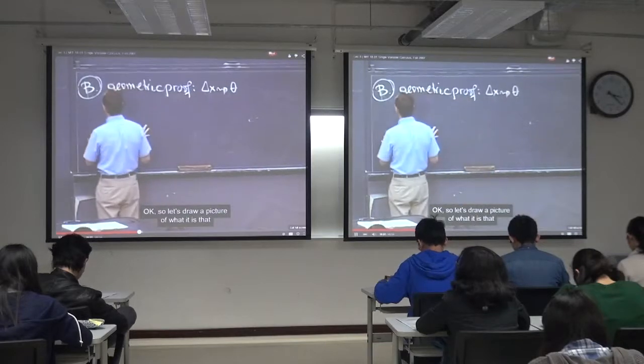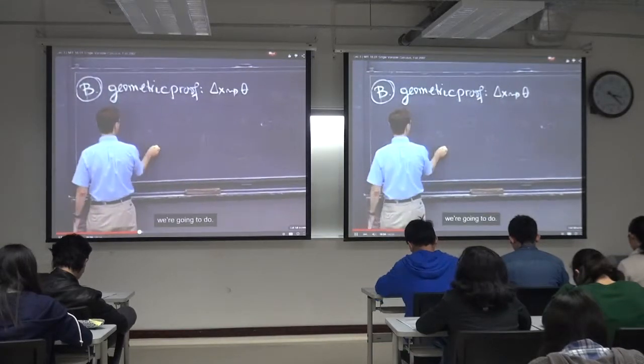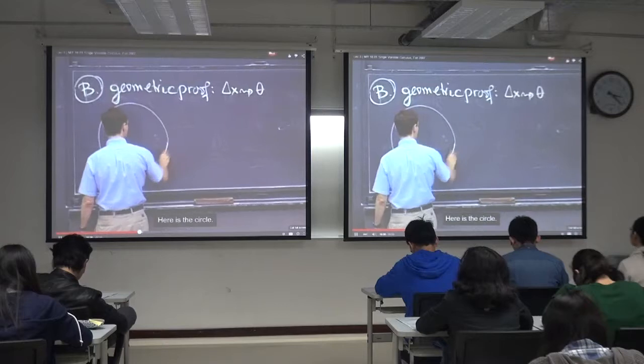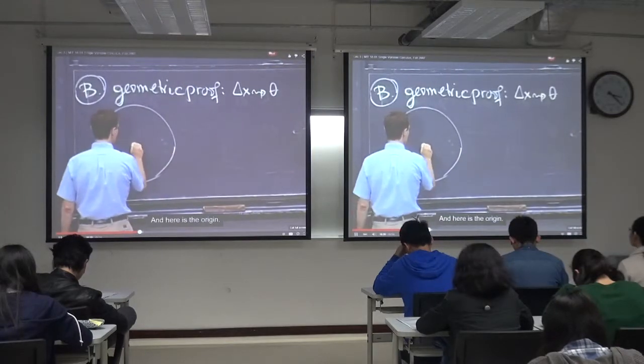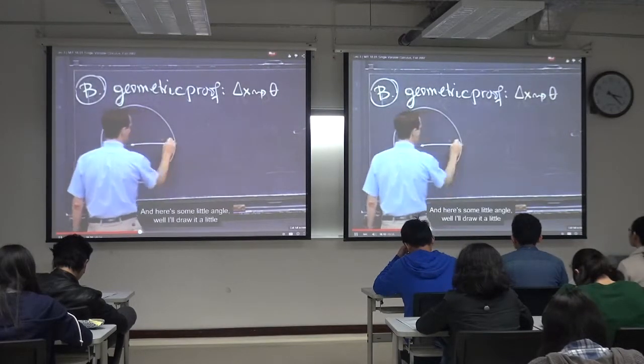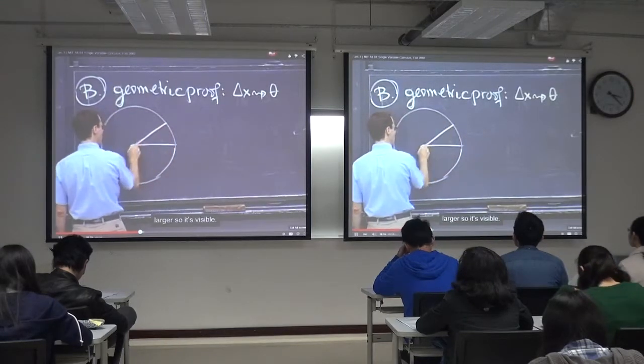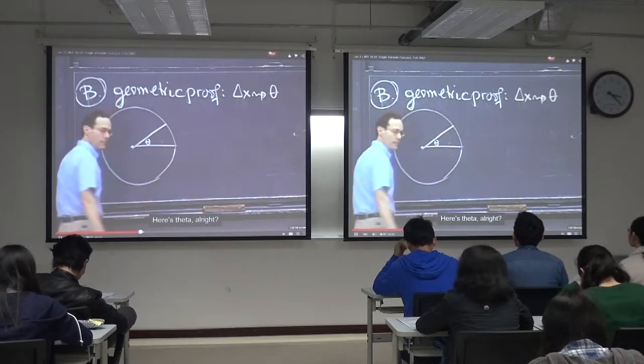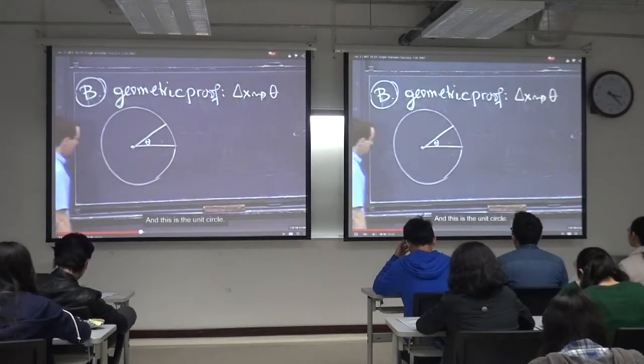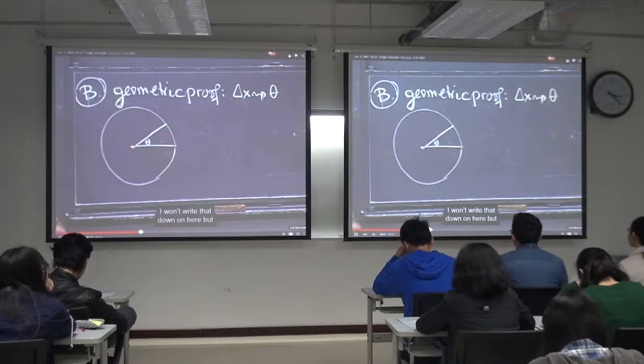Okay, so let's draw a picture of what it is that we're going to do. There's a circle, and here is the origin, and here's some little angle. Well, I'll draw it a little larger. Here's theta. And this is the unit circle. I won't write that down.